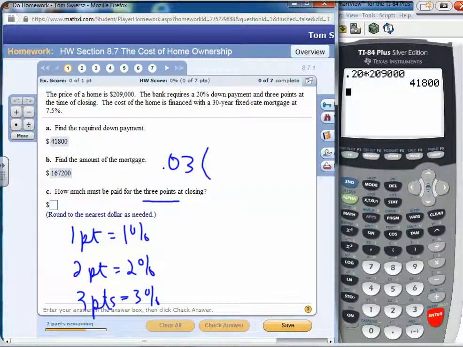Now notice, it's times the amount of the mortgage, not the selling price, which we just calculated in step 2, which is $167,200. So we'll take 3% of $167,200, and that will give us our 3 points that must be paid at closing.